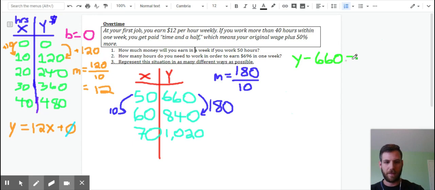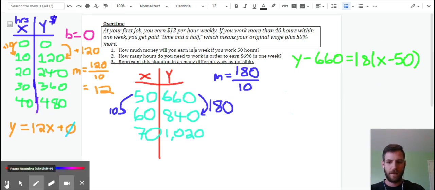And then that is going to be equal to our slope of 18, 180 over 10, times x minus our first x point of that table, which was 50. And all you need to do once you have set this up is just get y by itself completely and simplify the right side as well.